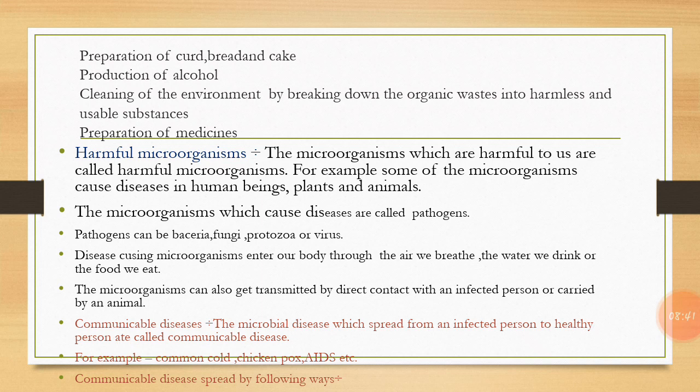These are diseases which spread from an infected person to a healthy person through different means, so they are known as communicable diseases. Communicable disease is spread by the following ways.